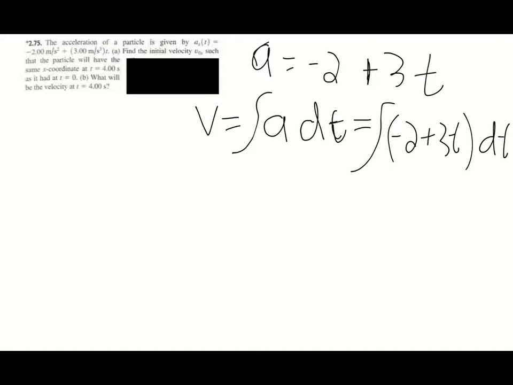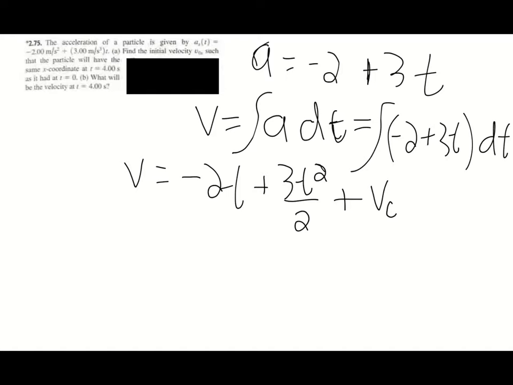And that's going to be -2t plus 3t squared over 2. And it's going to be plus, remember we said that if it's indefinite, we're going to get a constant. But the constant in this case is going to be the initial velocity because we don't know what that is.